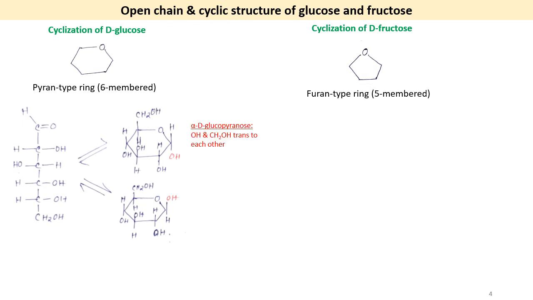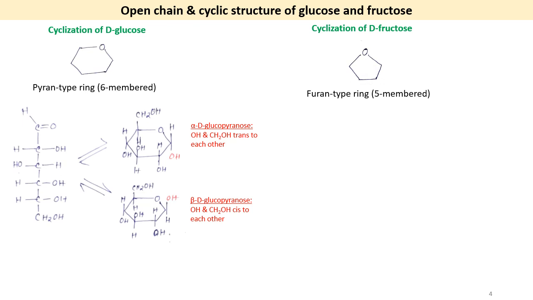So when this OH group is placed at the bottom in this particular type of structure, this form is called alpha D glucopyranose. So here this OH and the CH2OH are trans to each other. In the other ring form, the OH group is at the top, or the OH group is cis to the CH2OH group.